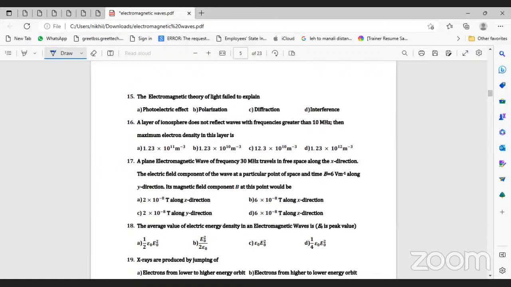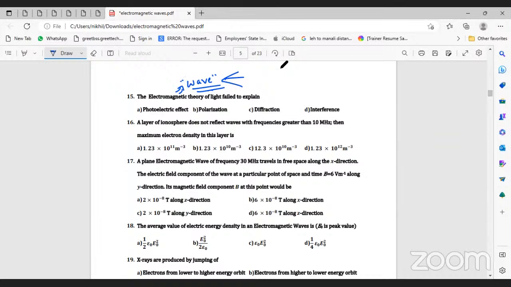Electromagnetic theory failed to explain which phenomena? You know that the electromagnetic wave is going to be explained based on which theory? Wave theory. So electromagnetic theory is basically a wave theory, which means the wave phenomena can be explained.